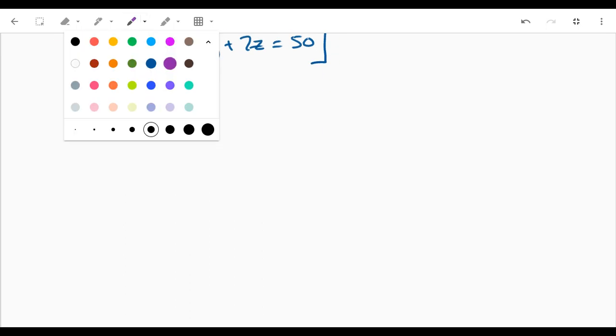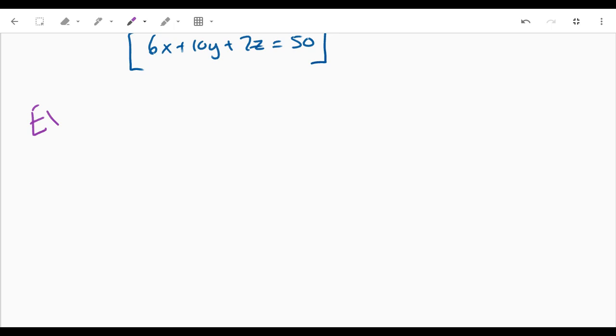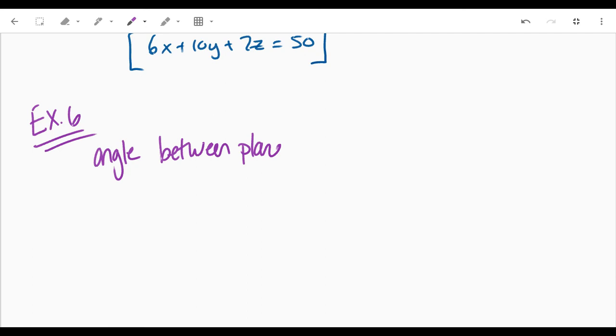A couple of things in example 6 in your book. They make some big jumps there that you kind of have to wrap your brain around. The first one is find the angle between two planes. The angle between two planes would be the same as the angle between their normal vectors.